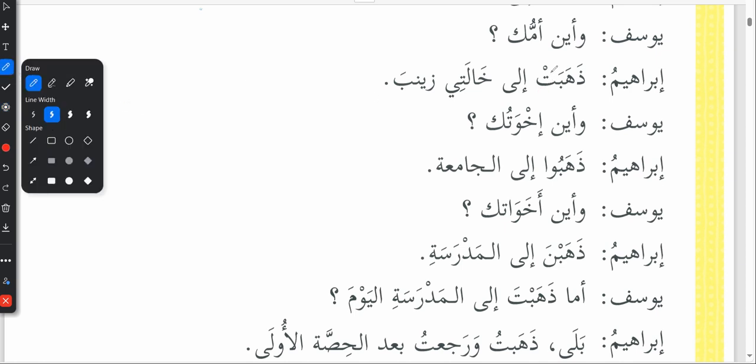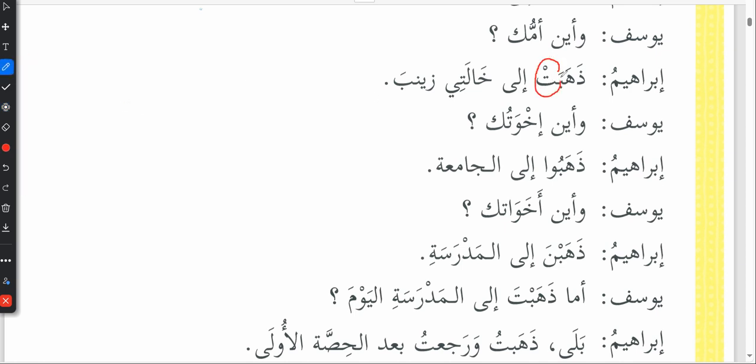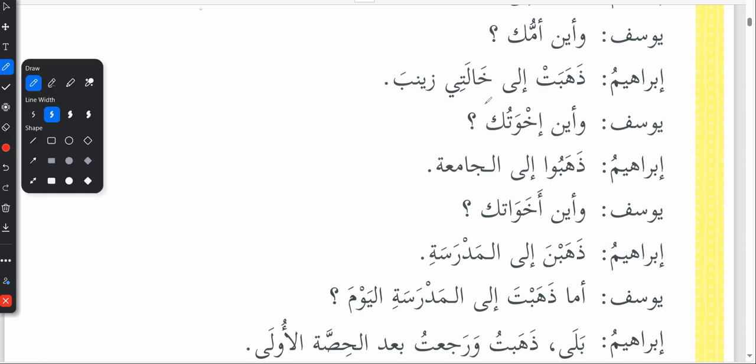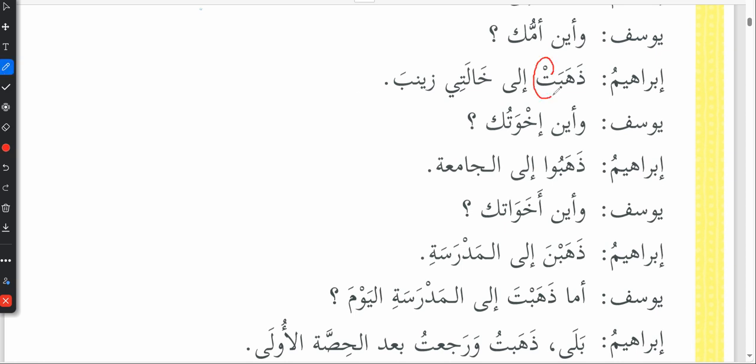It's the sign of femininity. Dhahaba, as you can see, the fatha intact, the ba with the fatha. As I told you, there can't be two sukoons. So this is the sign of femininity, showing that the fail madi has been used for singular feminine. Dhahabat. So the fatha over the ba is still intact.